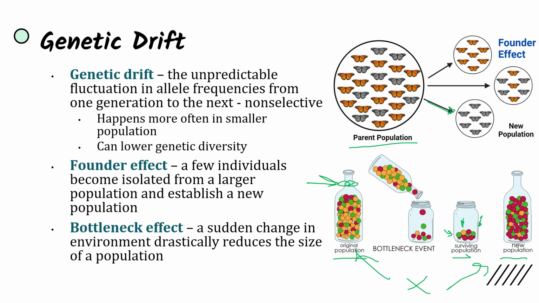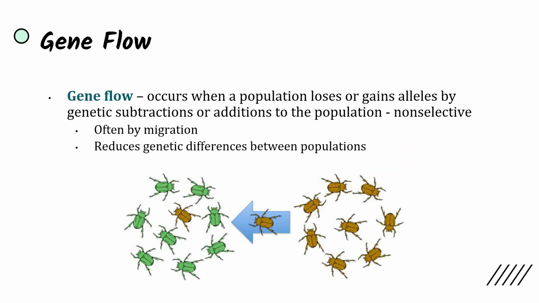We also have gene flow, where genes flow from one population to another when a population loses or gains alleles by genetic subtractions or additions. This generally happens through migration, and this will actually reduce genetic differences between populations.